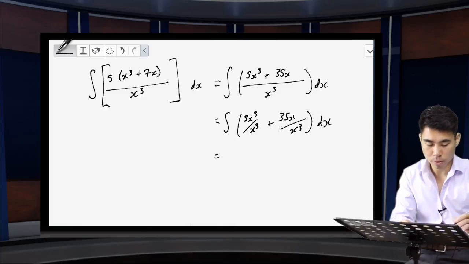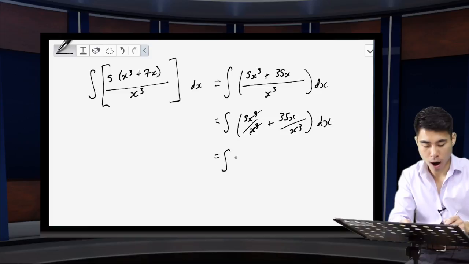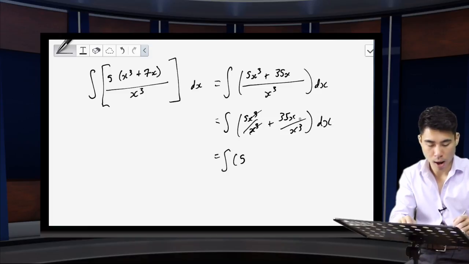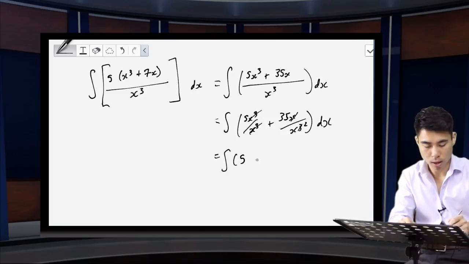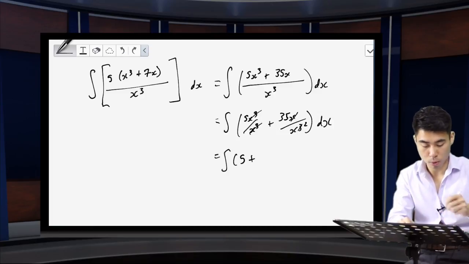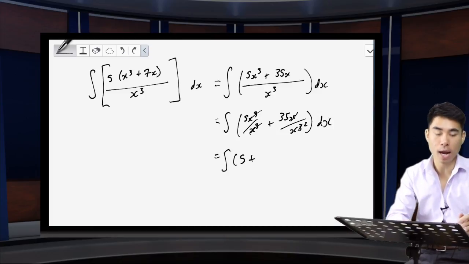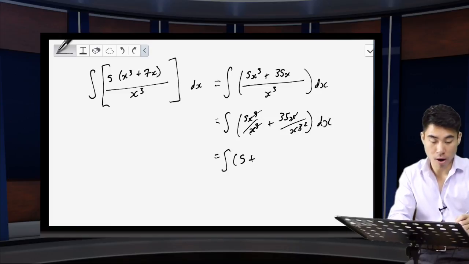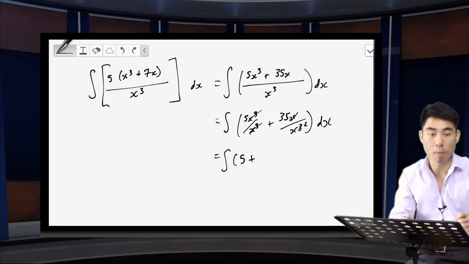Okay, just simplifying what we can on this line here. So this cancels with this, which just leaves me with 5. This cancels with this, so I've got a 2 up there, so plus 35 over x squared. How can I rewrite this such that I just have a single power on my x?